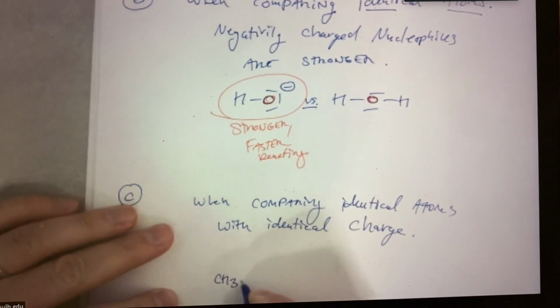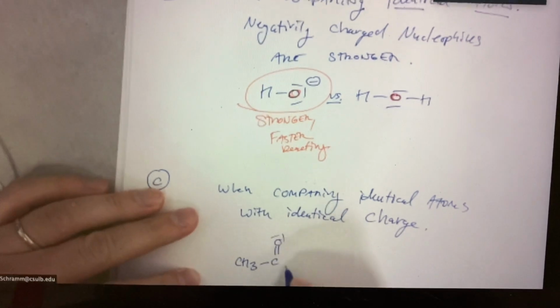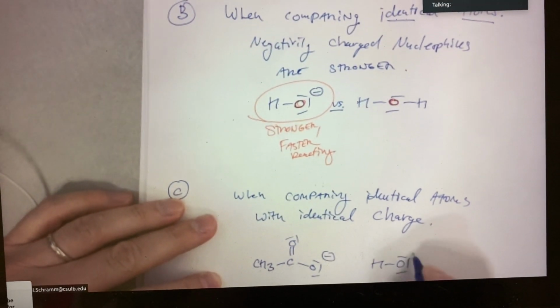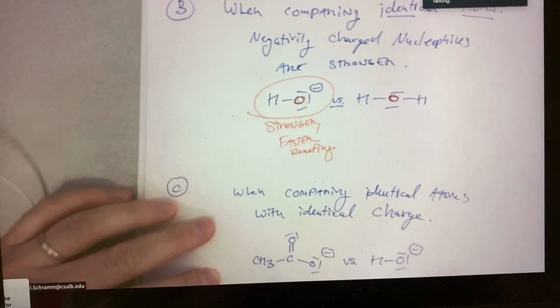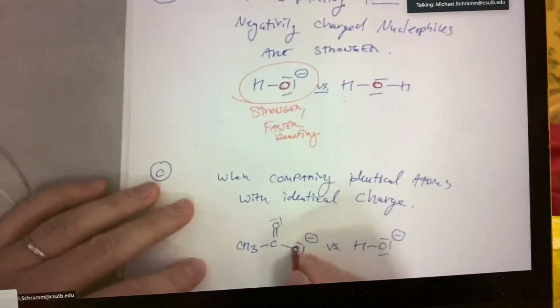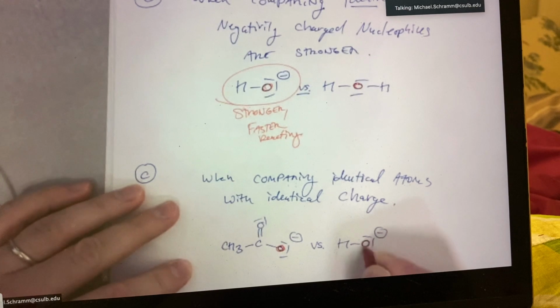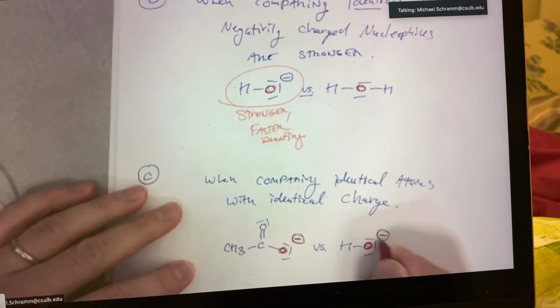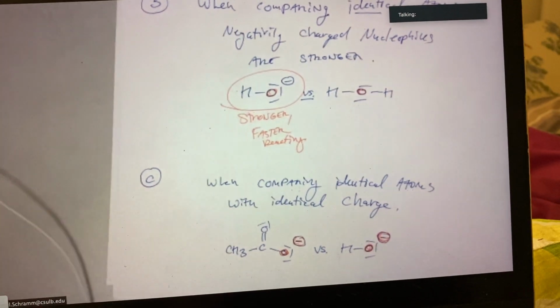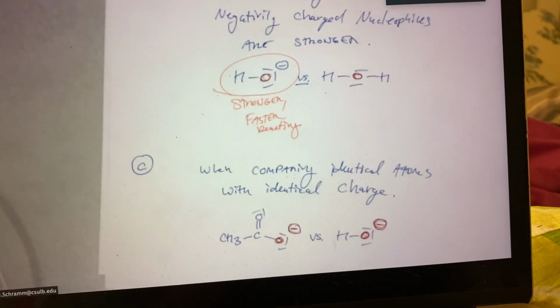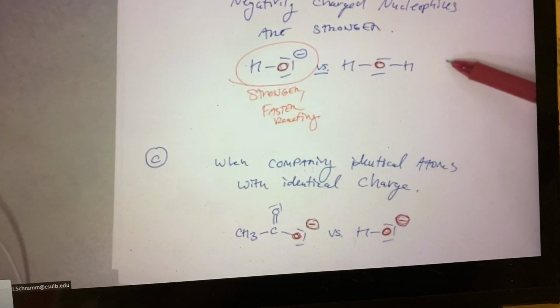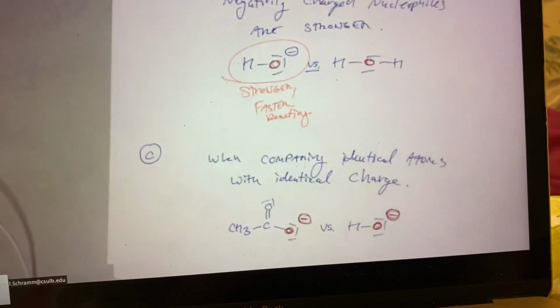Let's compare acetate with hydroxide. Here's what I mean. In both of these nucleophiles, we're comparing oxygen. Charge is the same. So we can't use this trend. We can't use the periodic trend because it's the same atom.